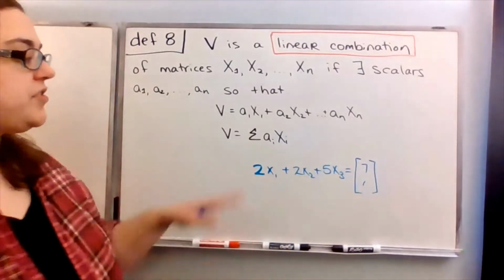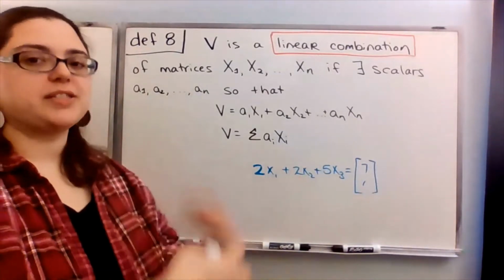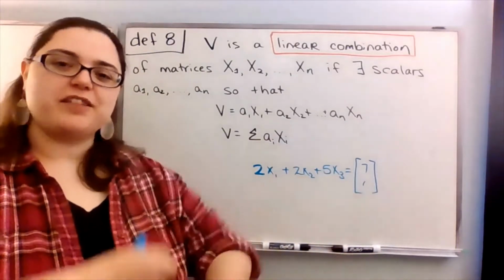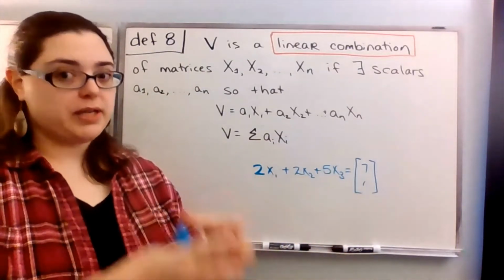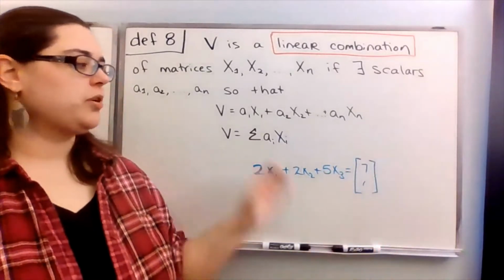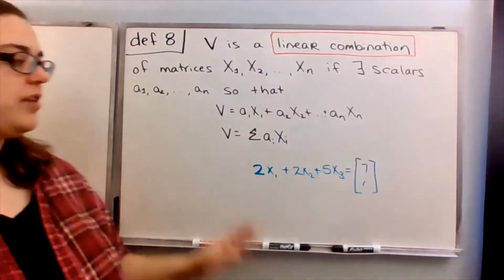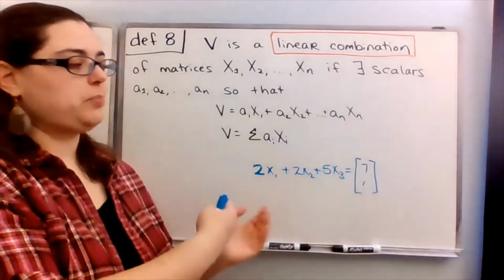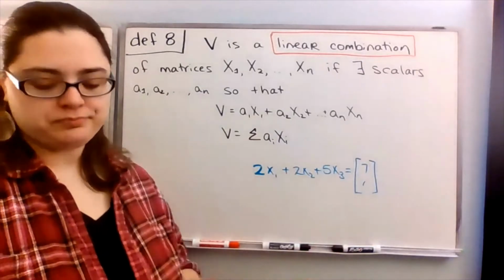It just means you have some scalar times an object plus a scalar times another object, and so on. Because matrices have become our objects, we're going to start to manipulate them in the same ways that we've been manipulating numbers all our lives. So we're accustomed to linear equations, and now we're just going to have a linear combination where the variables represent matrices instead of numbers.